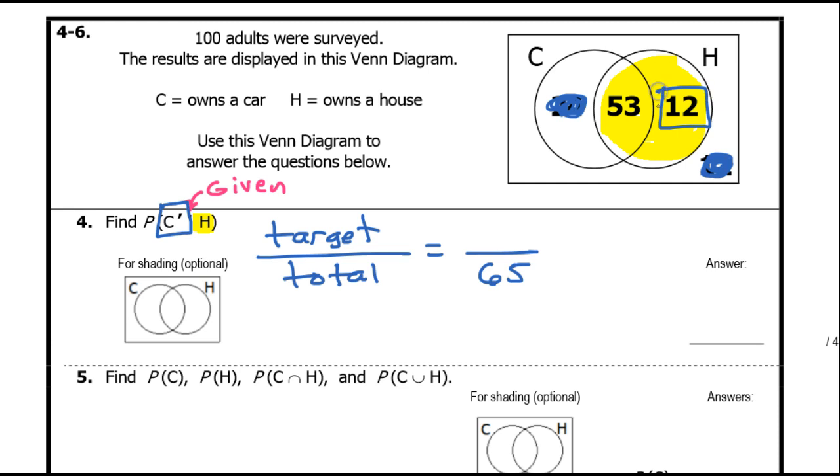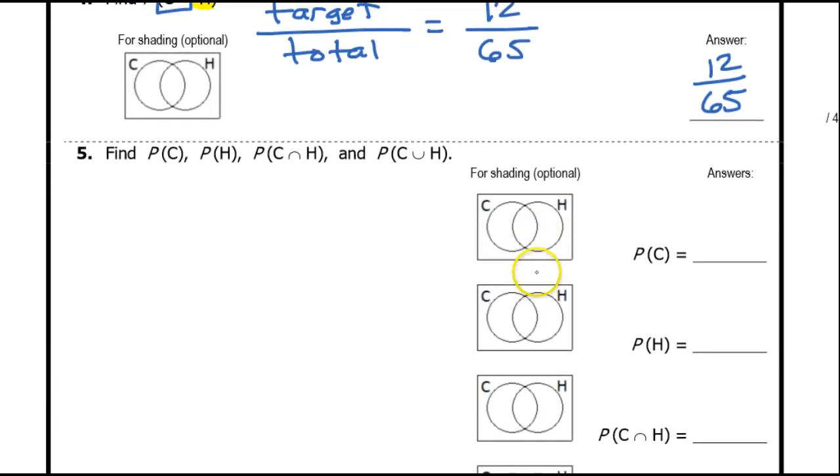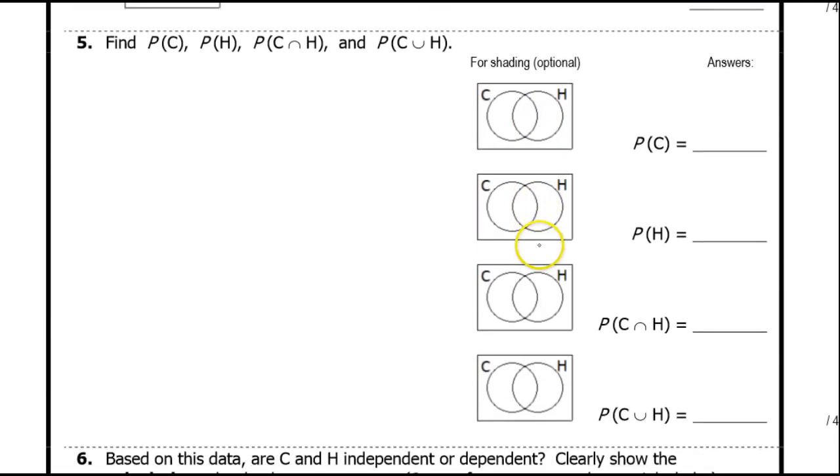So this is the target. So we're going to have 12 out of 65. So that's going to be the final answer. You could reduce this if you wanted to, but I'm just going to leave it as 12 over 65 for now. Actually, would this reduce? Maybe not. Okay, moving on to number 5.